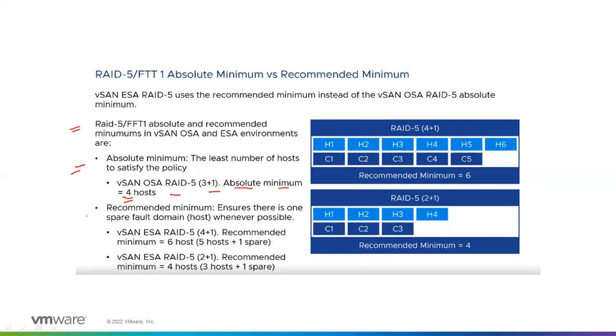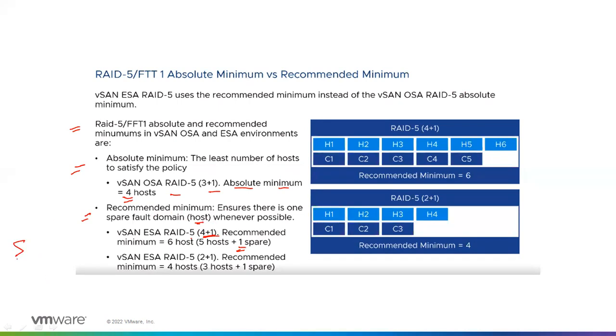But within this ESA, ensure there is one spare fault domain, meaning plus one host whenever possible. So ESA RAID 5 is 4+1 architecture, but with +1 for reshare, the minimum recommended is 5.